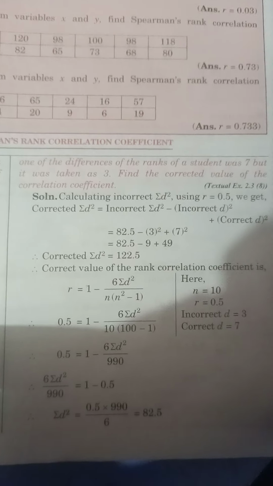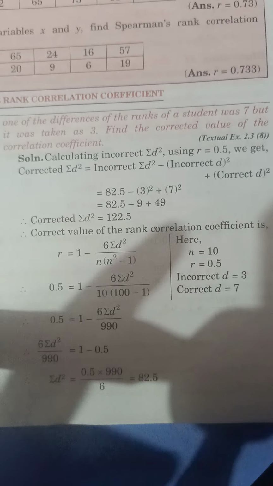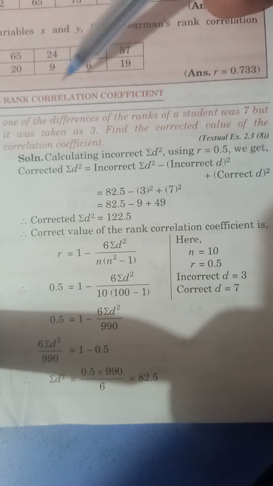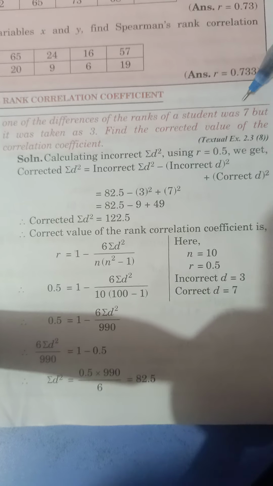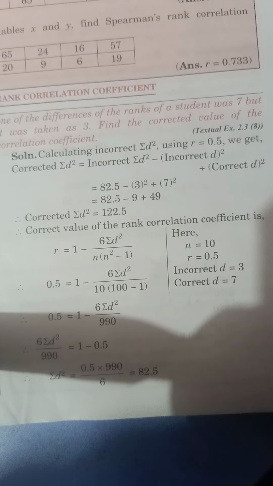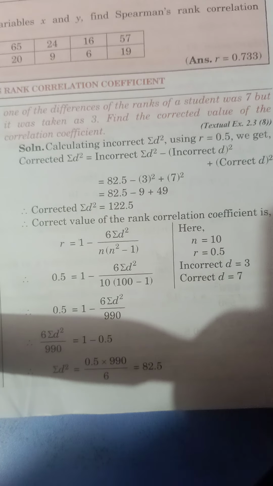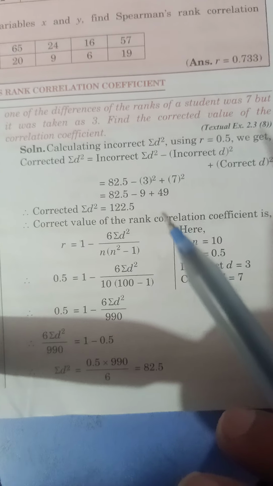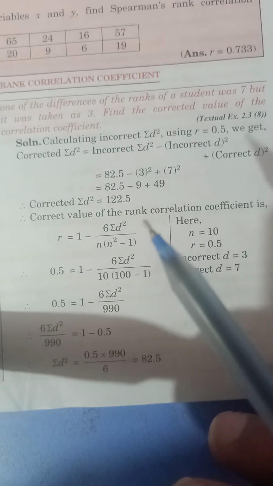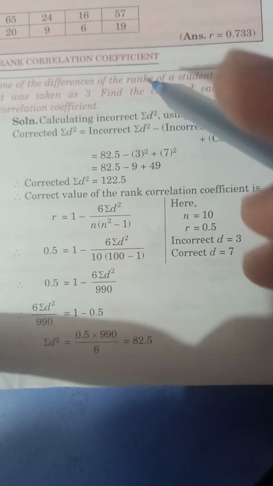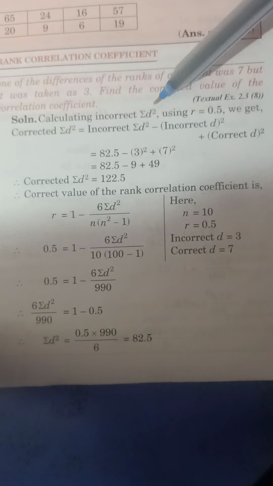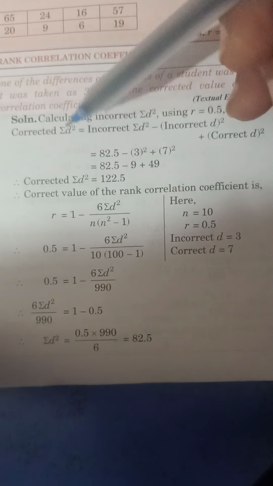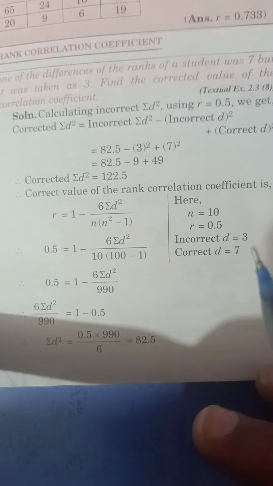Later on, it was found that one of the differences of the ranks of a student was 7, but it was taken as 3. Then find the corrected value of the correlation coefficient.